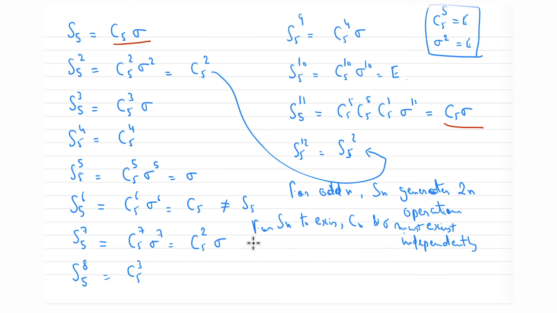So this is for odd n. For odd n, Sn to exist, Cn and sigma must exist independently.